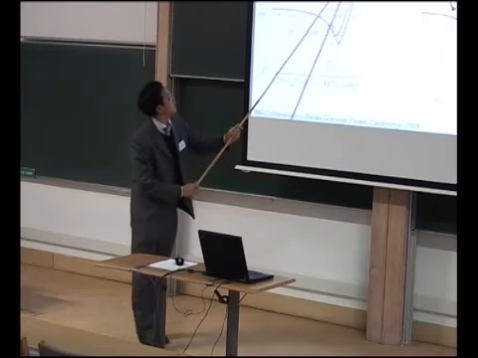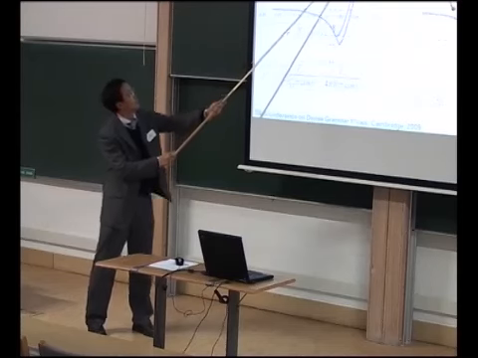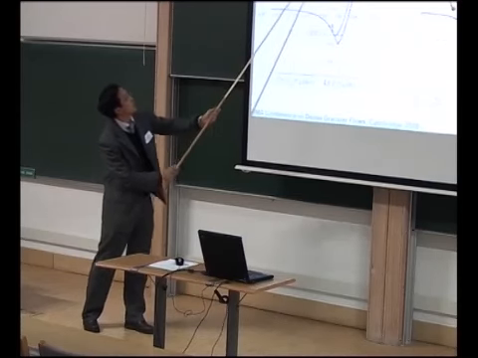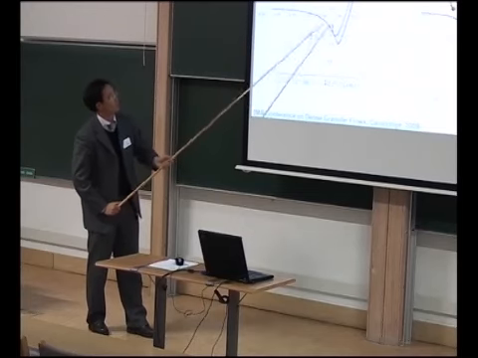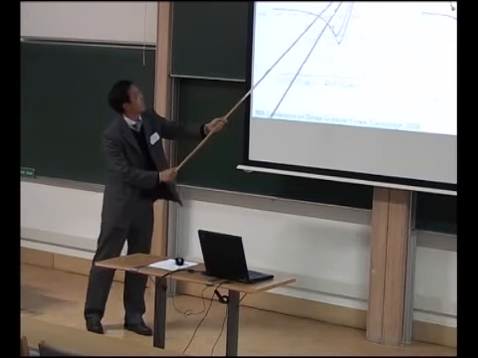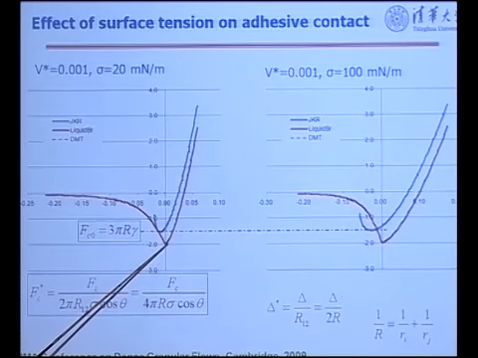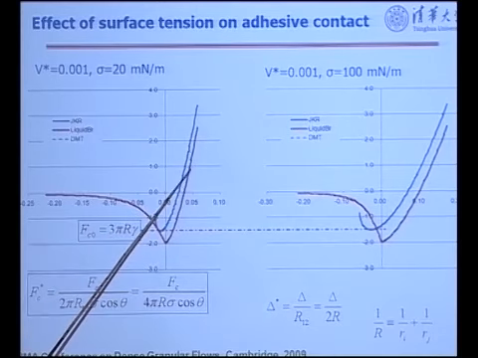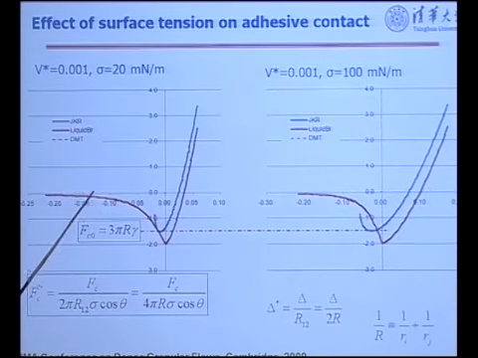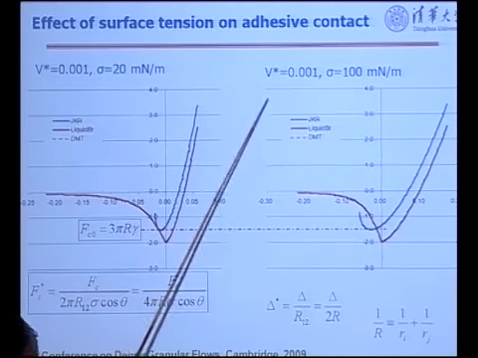And so when I do this, I compare this work with the case where I assume the surface tension equals the magnitude of the surface energy, and we can say that this is JKR. This is JKR. I mean, here is normal force, here is overlap, and separation distance. Here is JKR. Here is DMT.